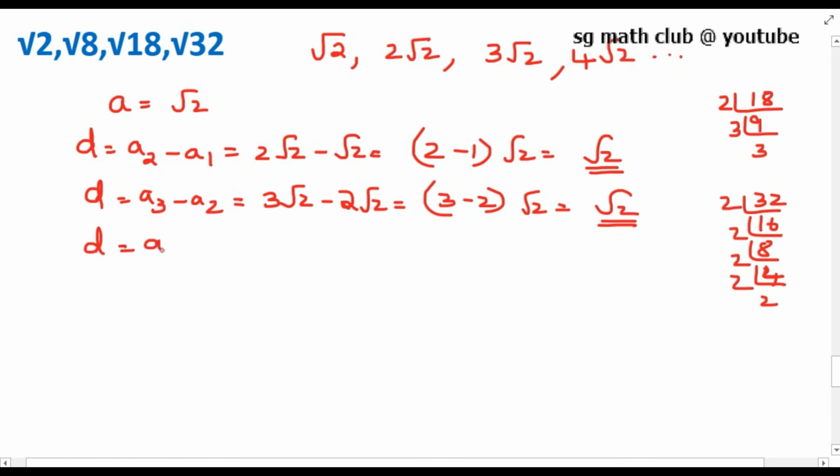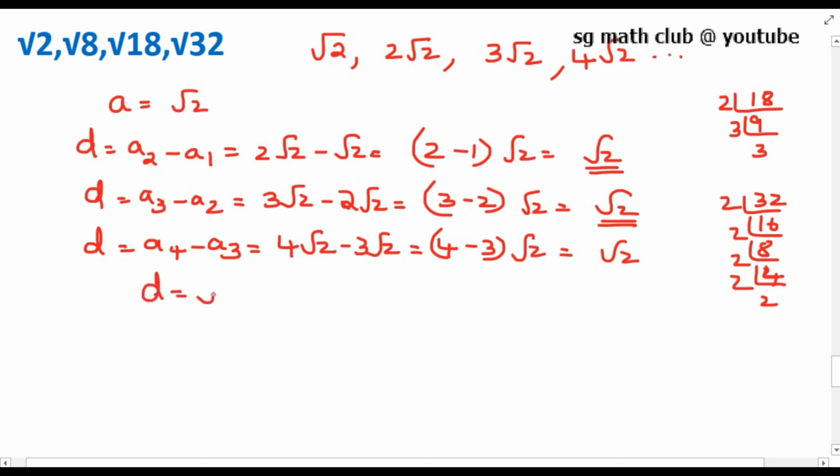Again A4 minus A3, that is 4 root 2 minus 3 root 2, 4 minus 3 into root 2, that is also root 2. So the common difference is constant and D is root 2. So naturally we can write the remaining three terms as 5 root 2, 6 root 2, 7 root 2.